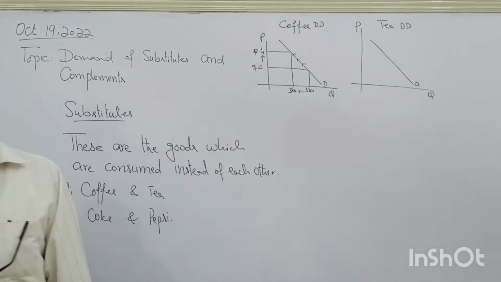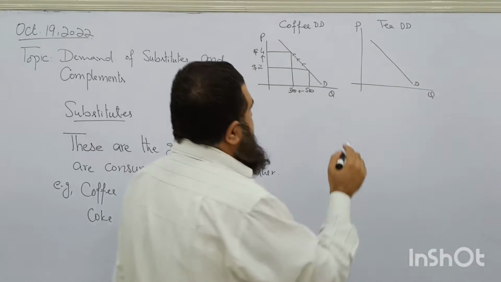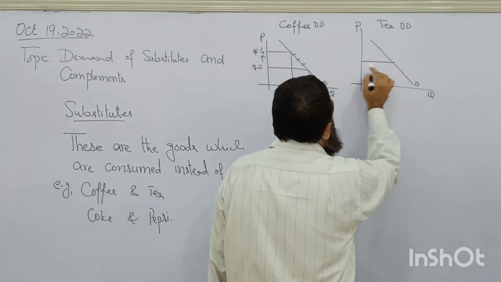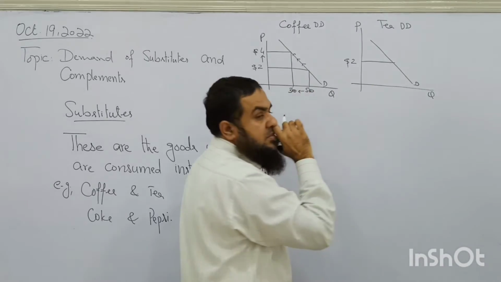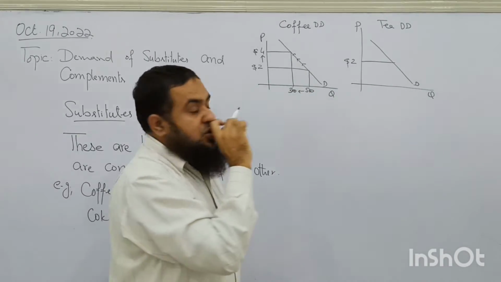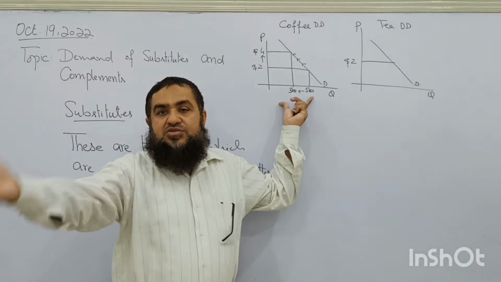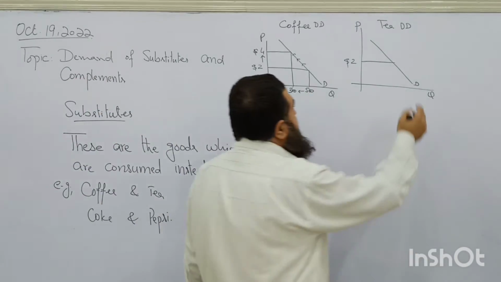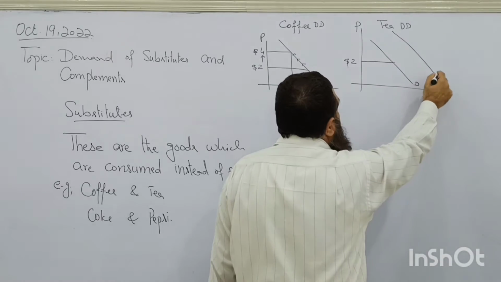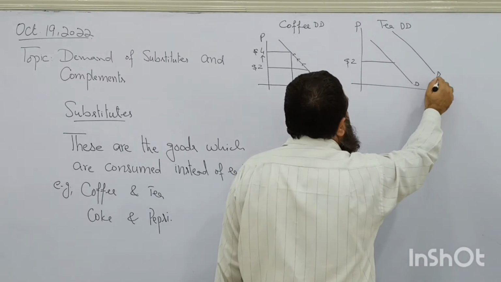There is going to be movement along the curve because this price is increasing. So price of tea hasn't changed. It is still $2. Clear? So these 200 units of coffee, they will be added to the demand of tea. Now you can see over here, demand of tea has increased.